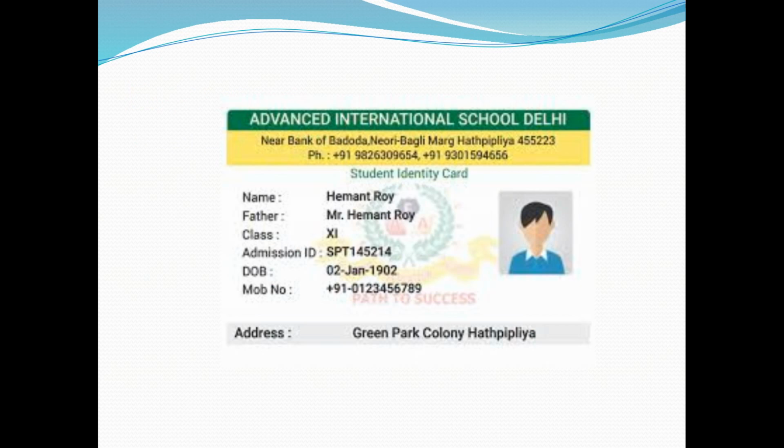Look at this figure. It shows an identity card of a student. Here, name, father, class, these data can be represented by using the char data type. And in the case of admission ID, it contains both integers and characters.